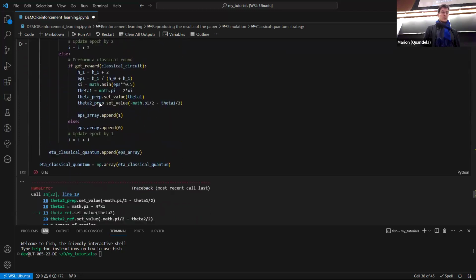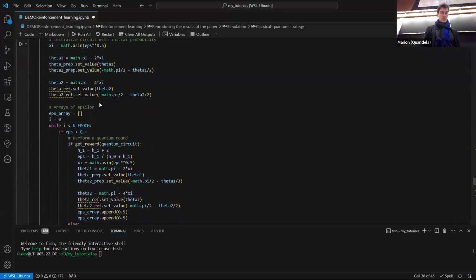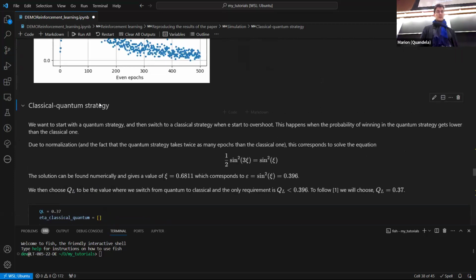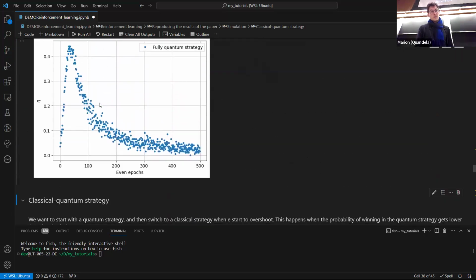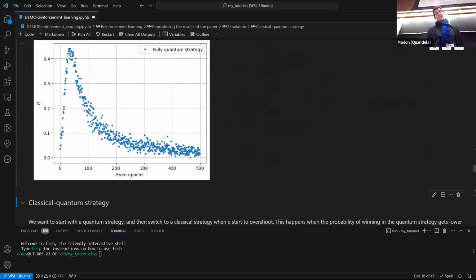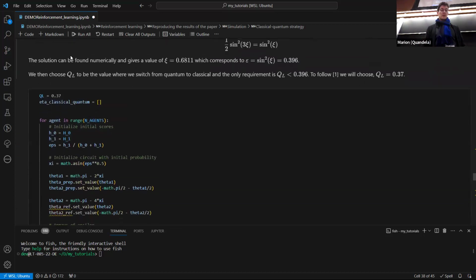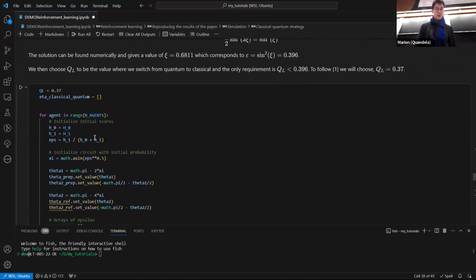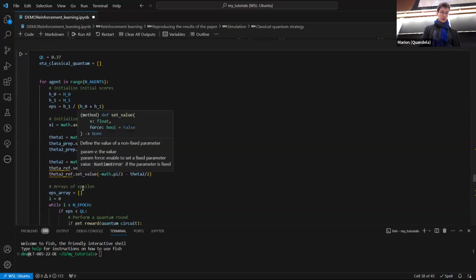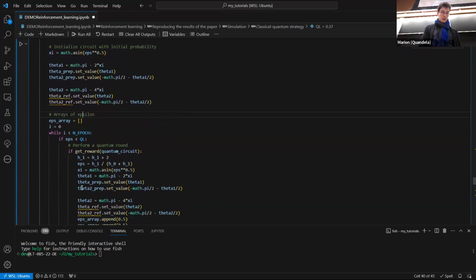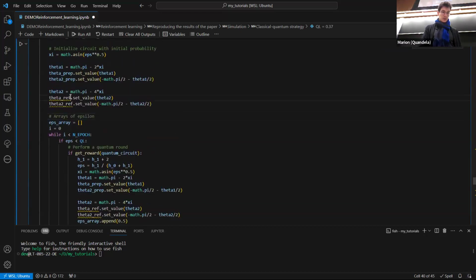And so what you can do instead is find the point where you achieve the maximum of your growth, and then switch to a classical strategy. I'm not going to type all the code here. It's already typed. Here it should be a ref, I guess.